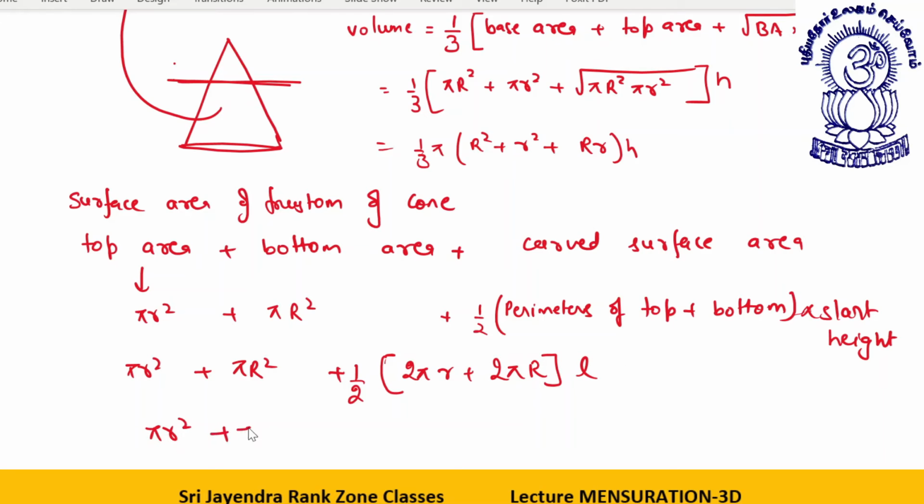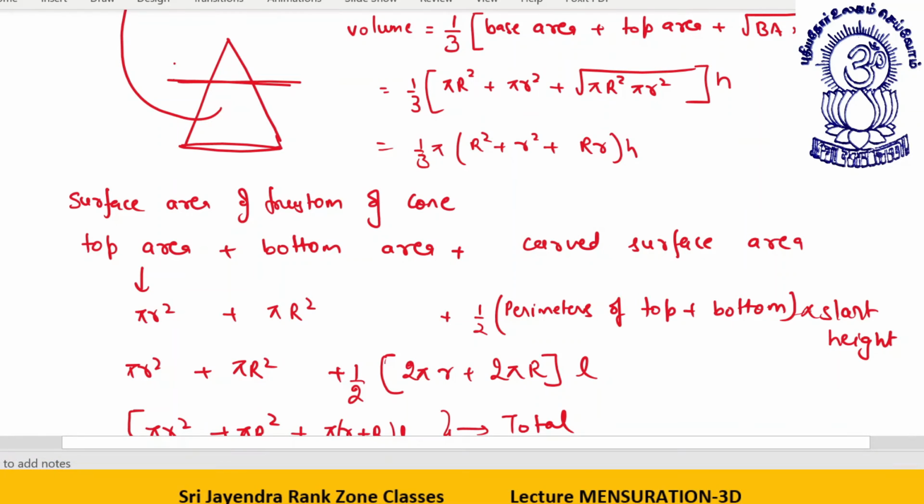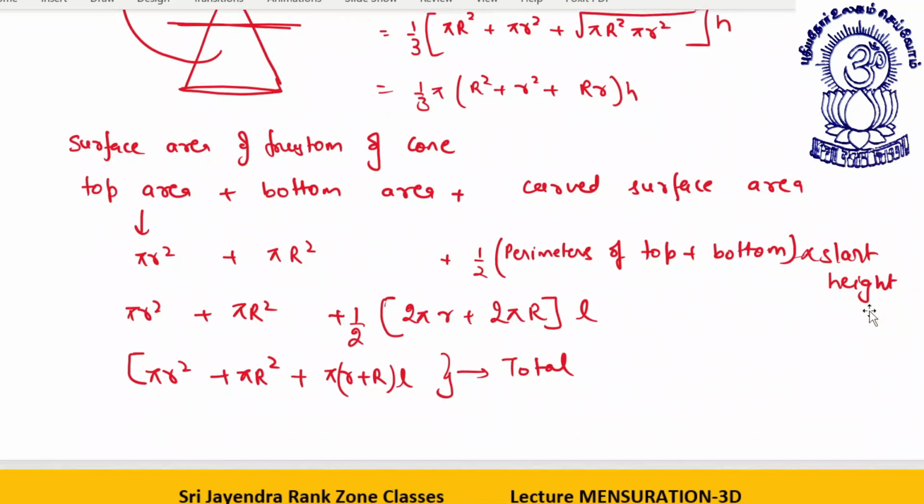You get pi r square plus pi R square. 2 and 2 will cancel, plus pi, if I take common, it becomes (r plus capital R) into L. This is the total surface area. Just a second, dear students. This is the total surface area for a frustum of a cone. I hope so far the basic concept is clear to all.